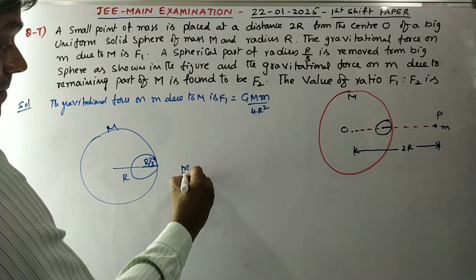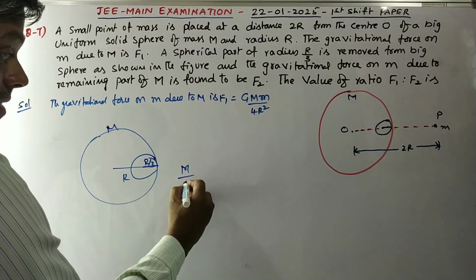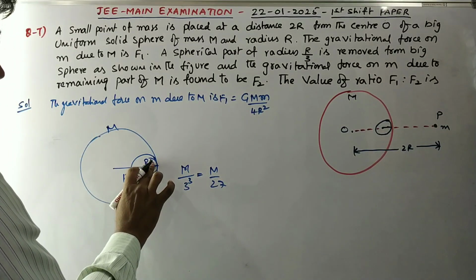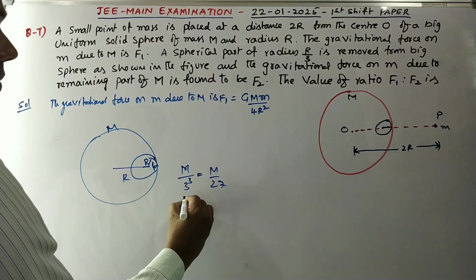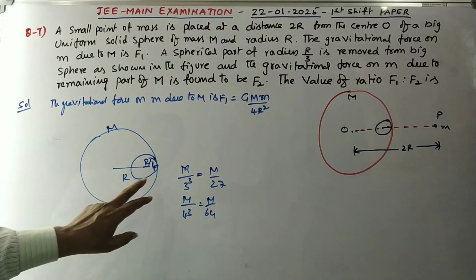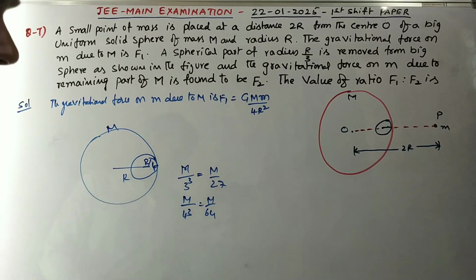It is M by 3 cube, that means M by 27. If the radius were r by 4, it would be M by 4 cube, that means M by 64.